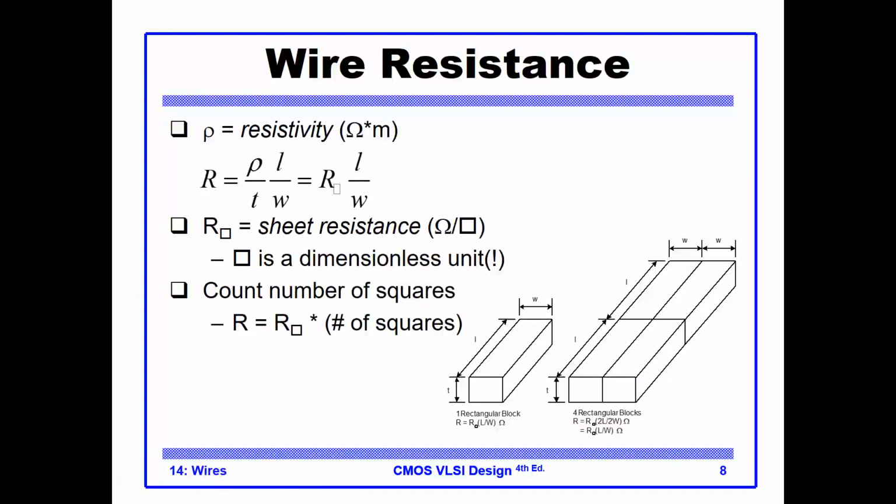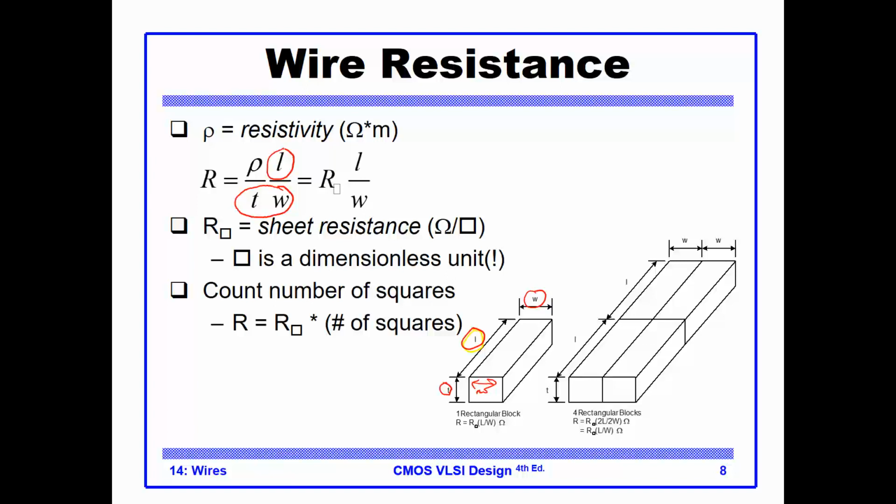If I have a wire with length L, width of W, and thickness of T, then the resistance of this piece of wire is the length of the wire divided by the cross-section area of the wire, which is thickness times width.